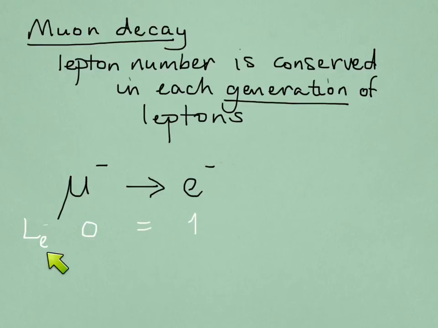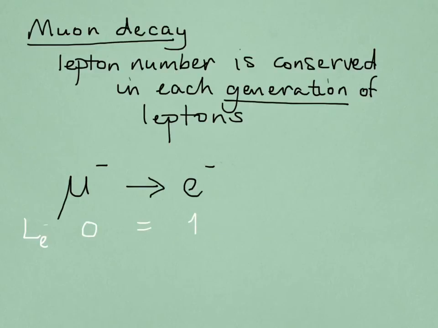So this is the electron generation lepton numbers, so generation 1. A muon isn't in the first generation, so although it's a lepton, it has an electron lepton number of 0. Okay, but the electron is in the first generation, the electron generation, so it has a lepton number of +1.